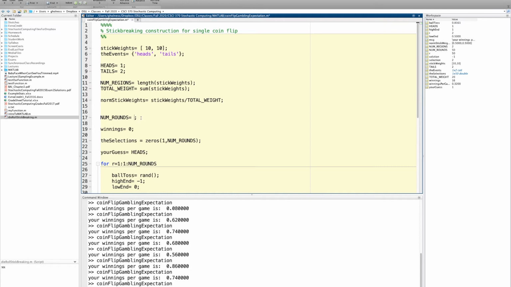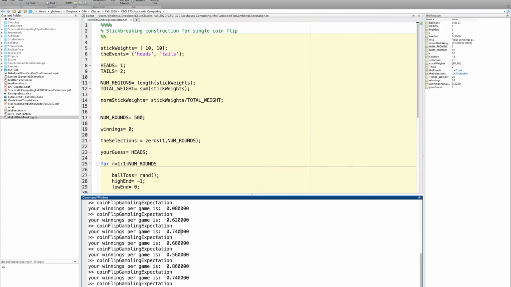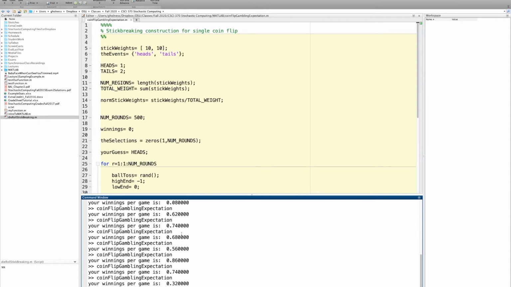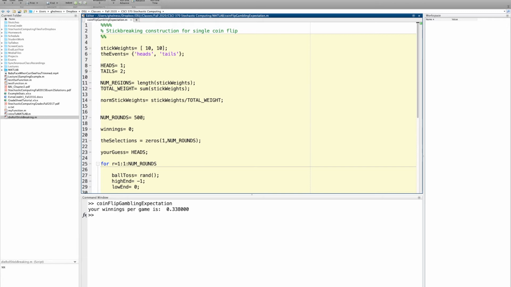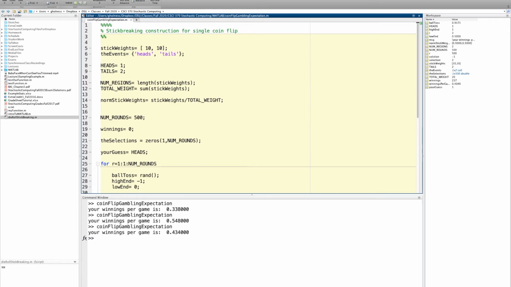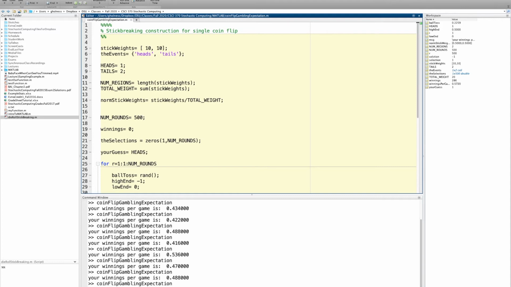Let's try number of rounds is 500. It's a lot of rounds, and we'll see on average how much will you win per game. Let's try that out. So we save this and we run. Well, it's kind of closer to 50. It's plus or minus a little bit, kind of fluctuating up and down.